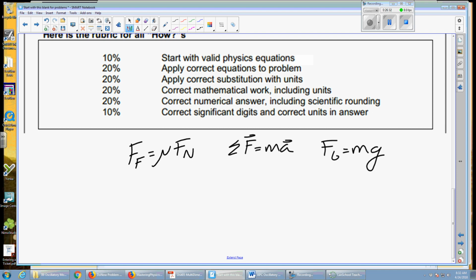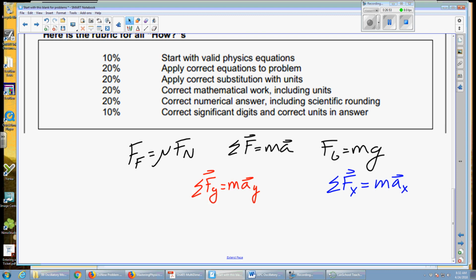So, the sum of the forces in the y equals m a_y, just like we were doing for those multiple days, and the sum of the forces in the x equals m a_x.